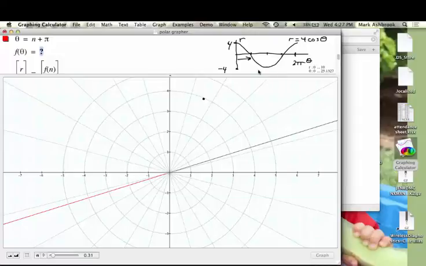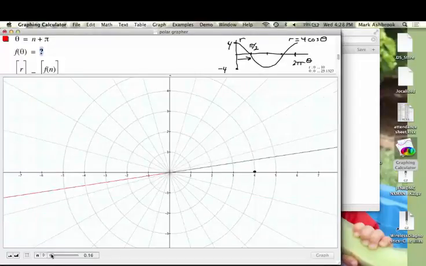When theta is 0, r is 4. And then what happens as theta increases? According to this function, r decreases until we get to pi over 2, and r is 0.